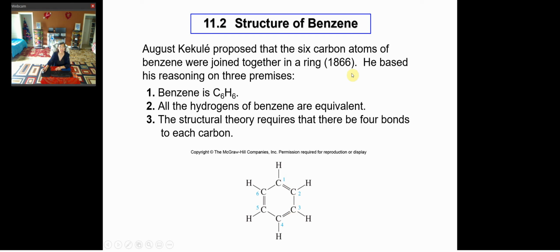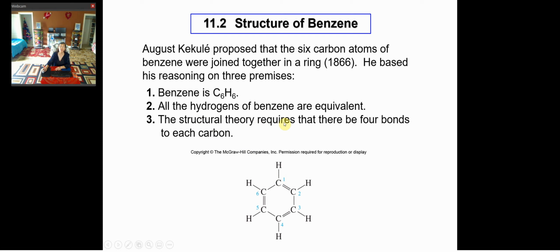Based on his reasoning, he provided three premises. Point 1, benzene has the formula C6H6, and all the hydrogens of benzene are equivalent to each other.